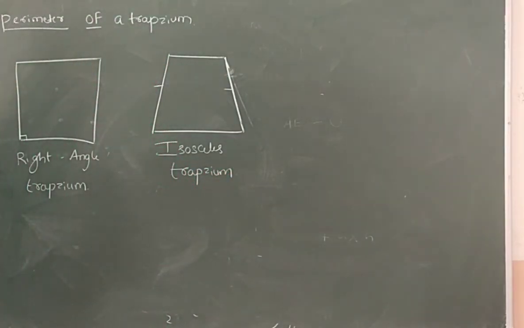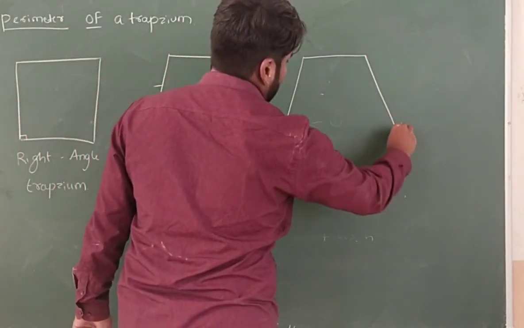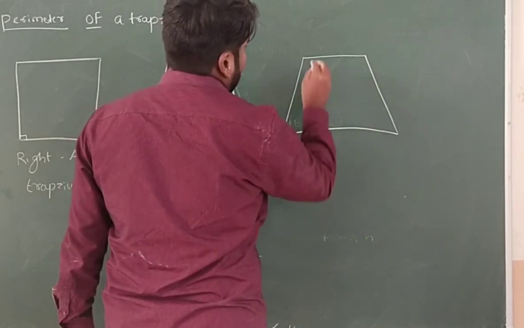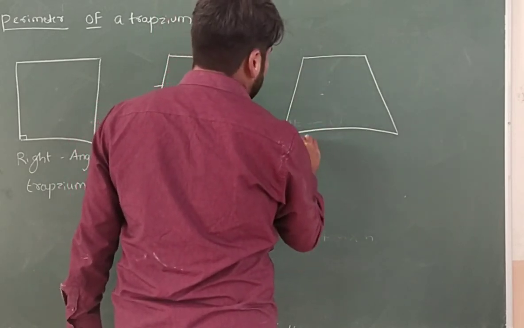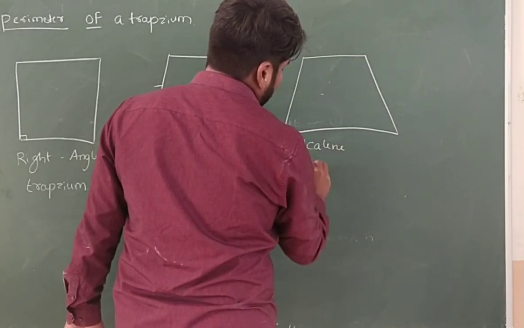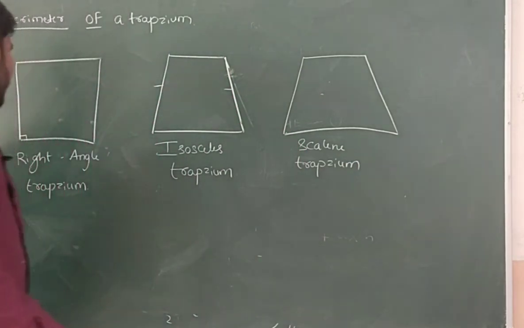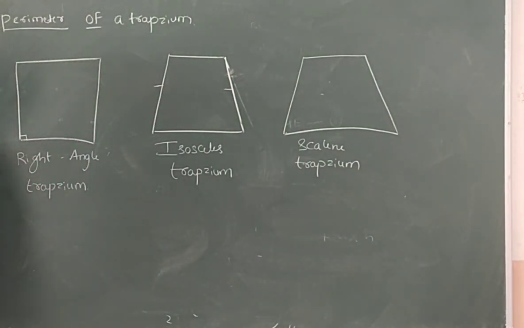And one more is the scalene trapezium. So you have right angle trapezium, isosceles trapezium, and scalene trapezium.